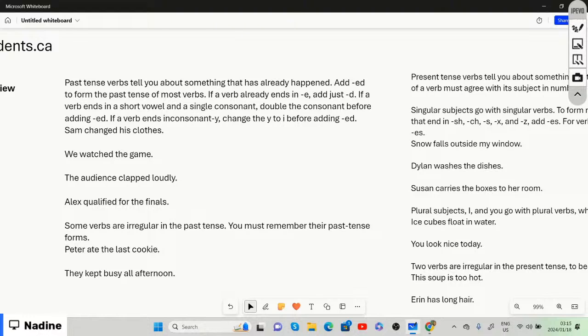And if a verb ends in a consonant, which is Y, then we change the Y to an I before even adding an ed. So it's going to be ied.